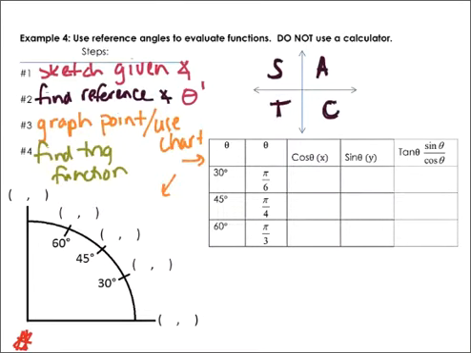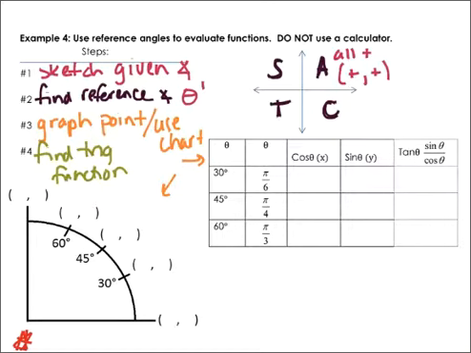If you start right here and you go down, ACTS. A bunch of different things. All this means, the A just means that everything is positive. It's all positive here. Sine, cosine, tangent, secant, cosecant, cotangent. Everything is positive, and the reason is because your x value is positive and your y value is positive.